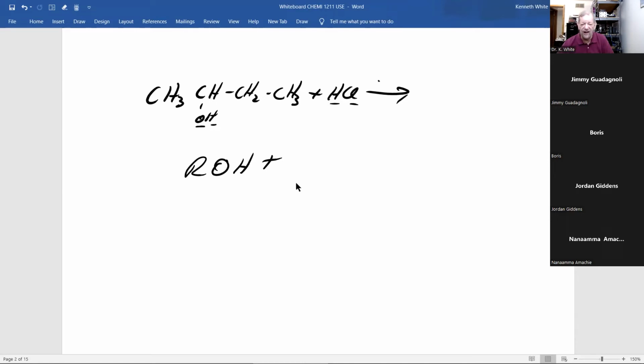And HCl is HX. Remember, X can be chlorine, bromine, or iodine. And you replace the hydroxyl group with the halogen on the carbon that had the hydroxyl group.